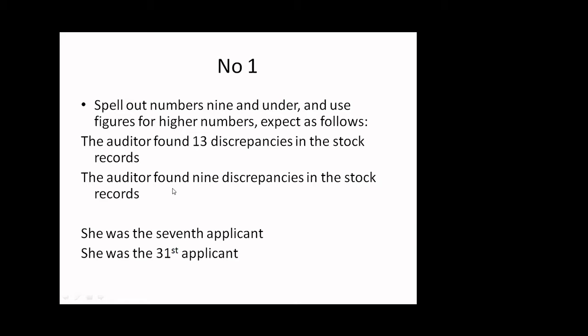Anything 10, 11 and all that, you'll write in figures. Similarly here also, she was the seventh. 7 is less than 9, so you are writing it in words. If you have something more than 9, you are writing it in figures.